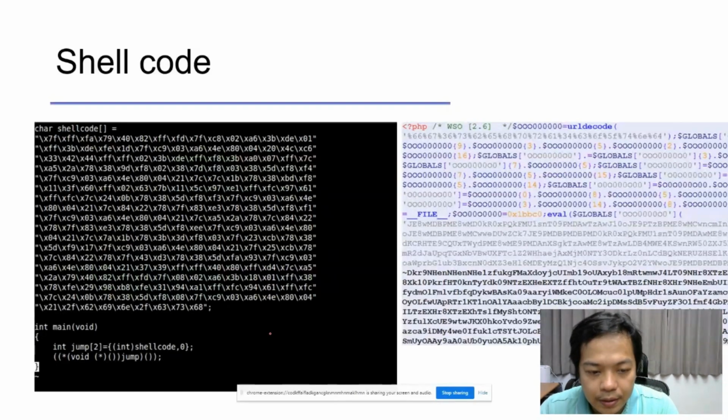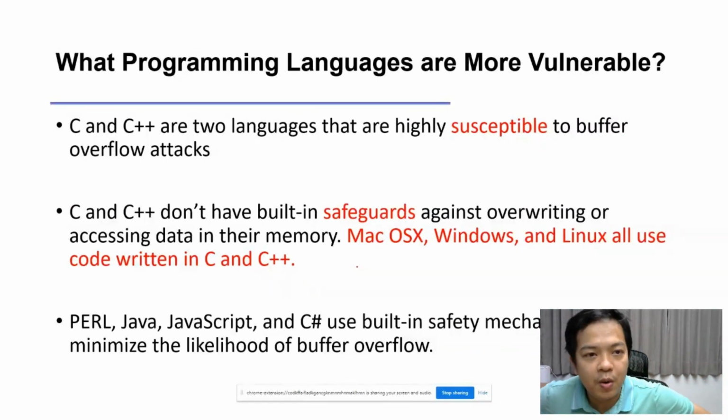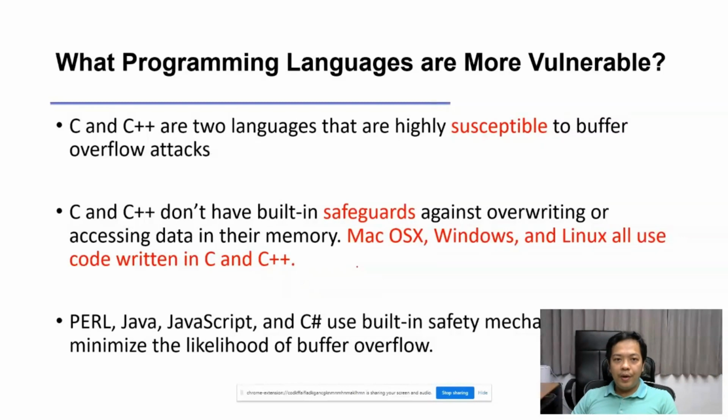Okay, so the next one we will look at: which programming language is more vulnerable? I think this is very relative. We will say C and C++ are highly susceptible to buffer overflow attack.